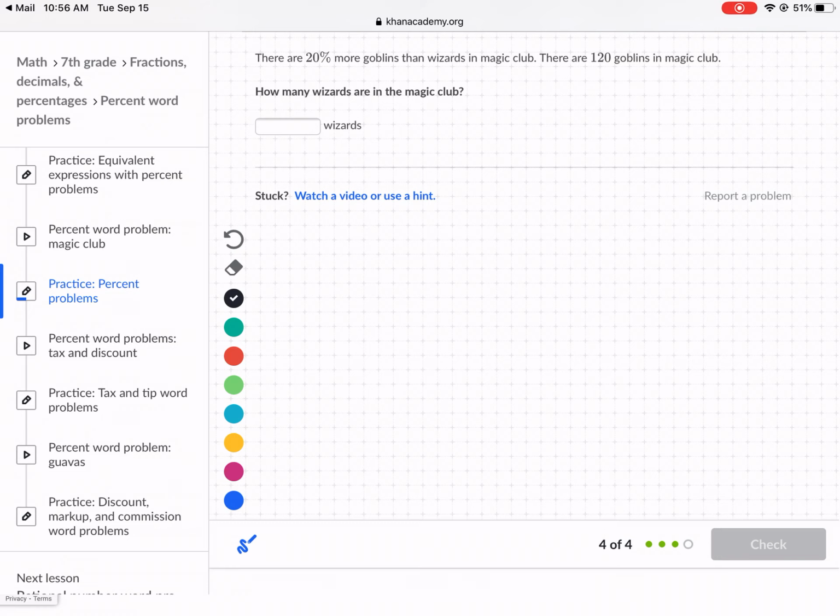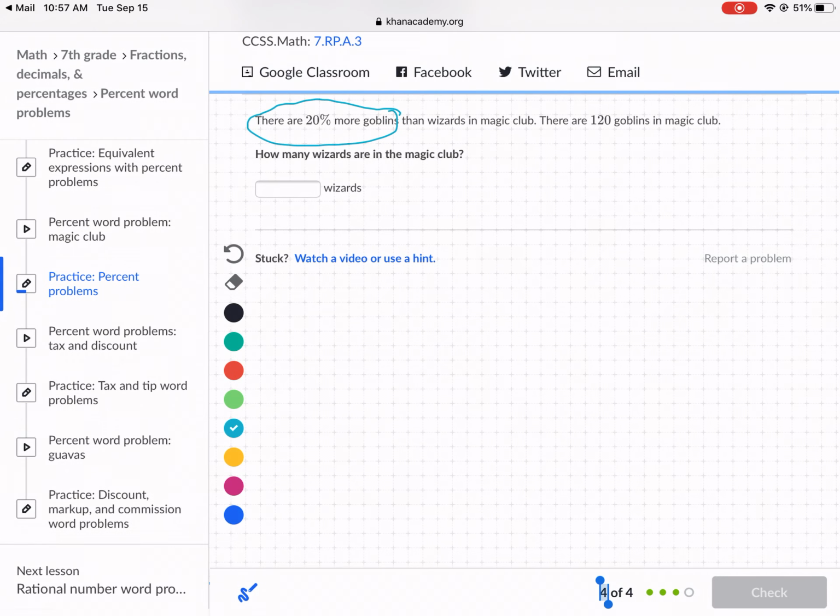Great job, Oliver. There are 20% more goblins than wizards in Magic Club. There are 120 goblins in Magic Club. How many wizards are there in Magic Club? Okay, so anytime you say 20% more goblins, that means we're going to have the original amount, and then the new.